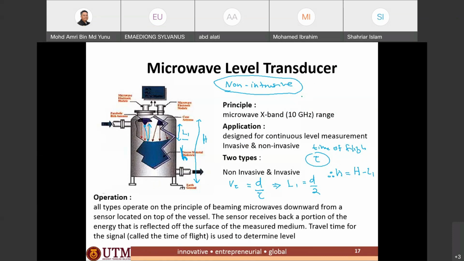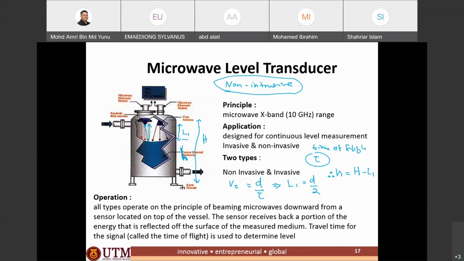Invasive or non-invasive means that the microwave source can be inside the vessel or can be outside, whereby it penetrates the tank. But usually it is invasive, where we have to put it inside the tank.